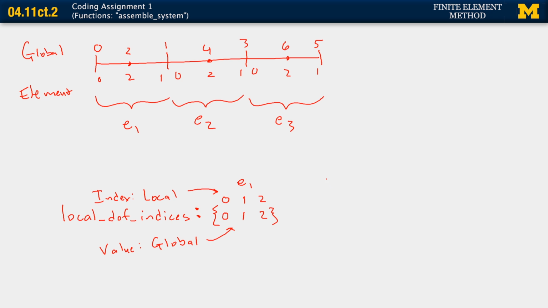Okay, so for E2, again, we have 0, 1, 2. But globally now, we look at element 2, local node 0 corresponds to global node 1. Local node 1 corresponds to global node 3. Local node 2 corresponds to global node 4. Now, of course, DL2 is handling all of this for us.